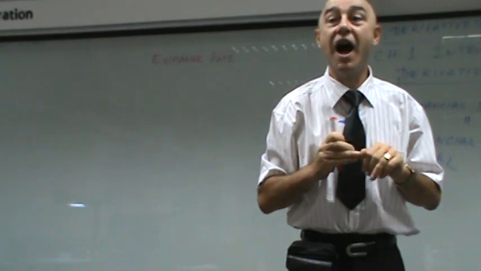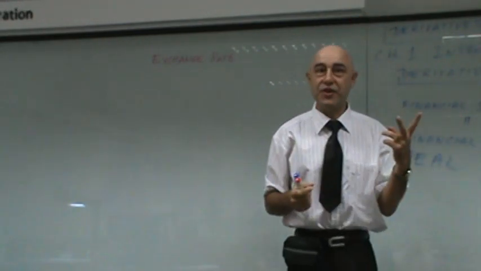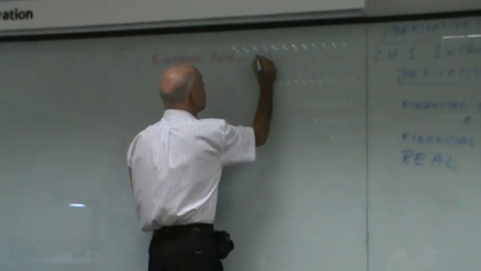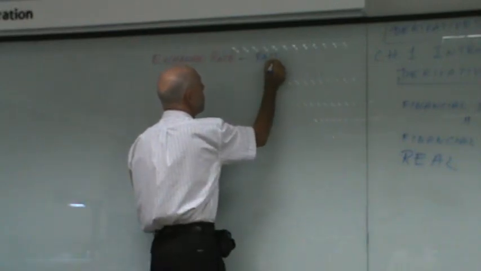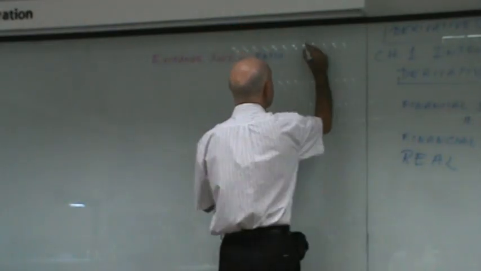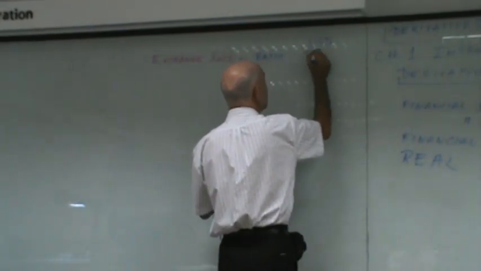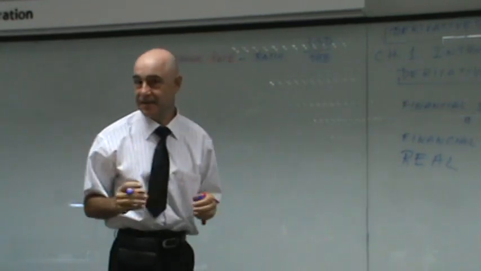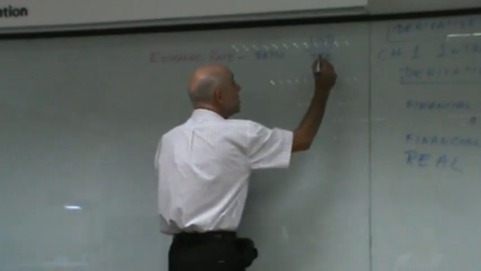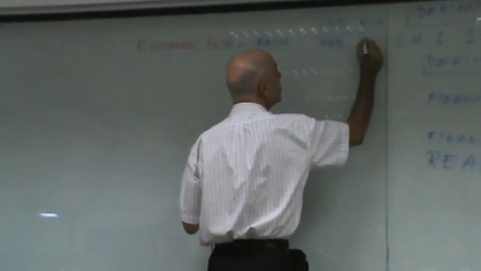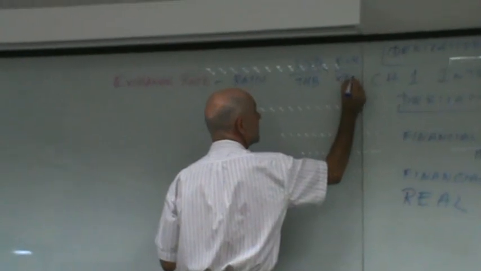An exchange rate is a ratio of two currencies. A ratio of USD to Thai baht. It is a ratio of euro to yen.